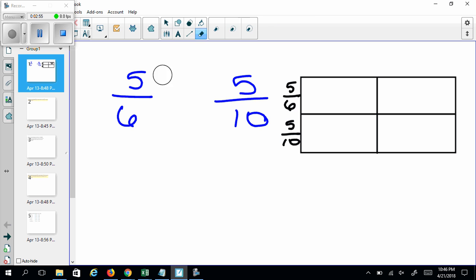So here we're going to take a look at sixths. Because I have two sections, I need 3 pieces over here and 3 pieces over here. So as carefully as I can, I'm going to draw thirds over here and thirds over here, okay? And then I'm going to draw tenths.